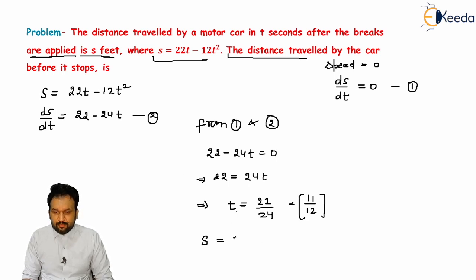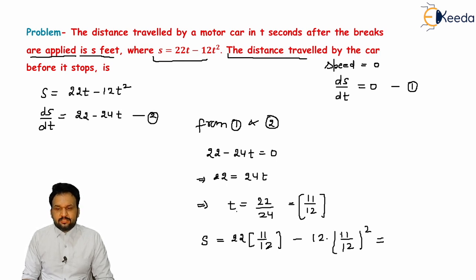So here I'm going to replace that. It is 22 into t, so I will write 11 by 12, minus 12 into 11 by 12 whole square. So you can find out this relation. You can calculate easily with the help of a calculator.